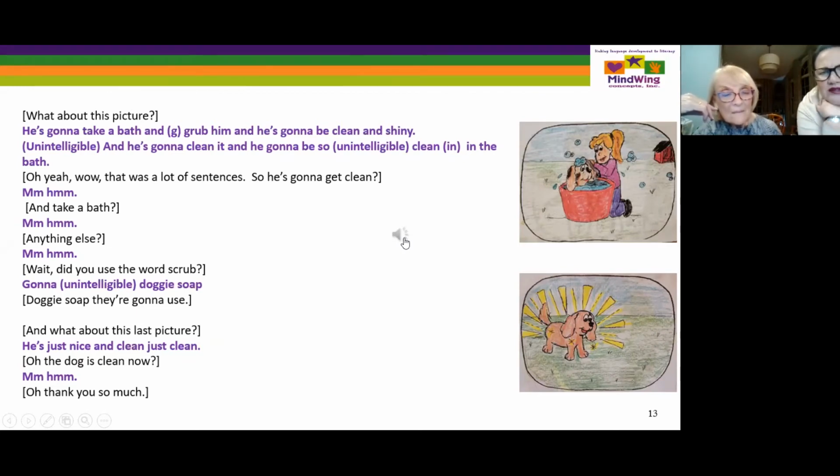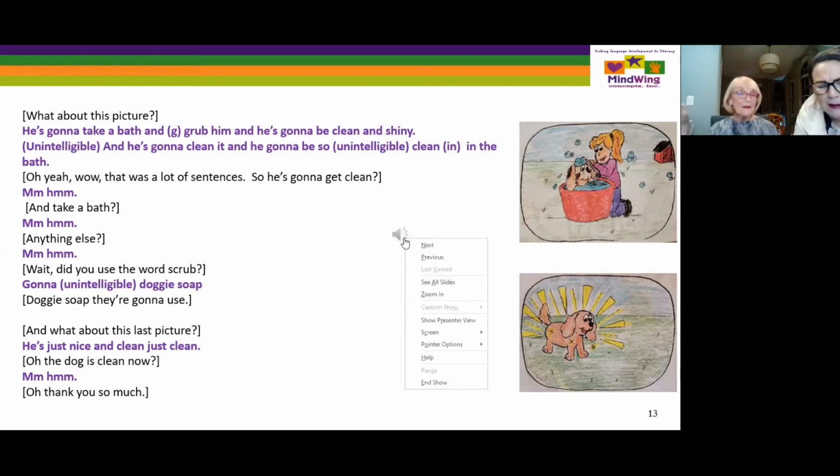Sorry. You saw the dog's tail. What about the second picture? The rubbish fell down. What about the third picture?